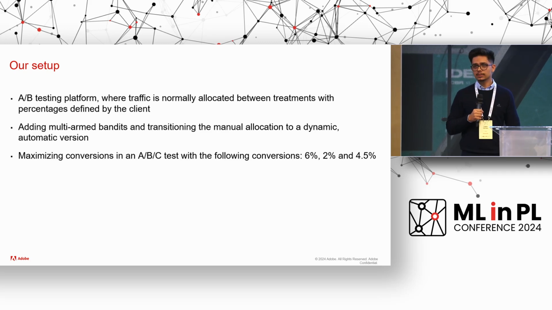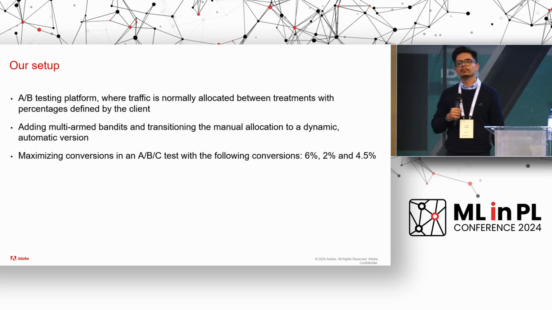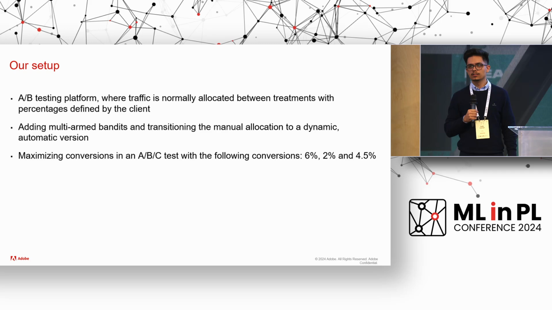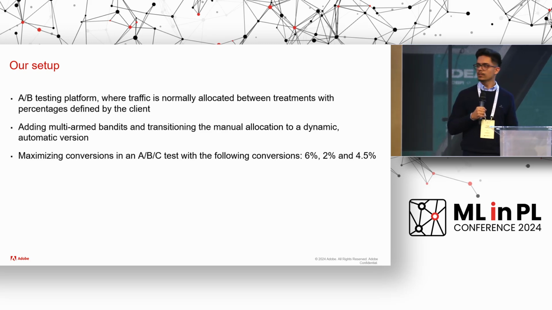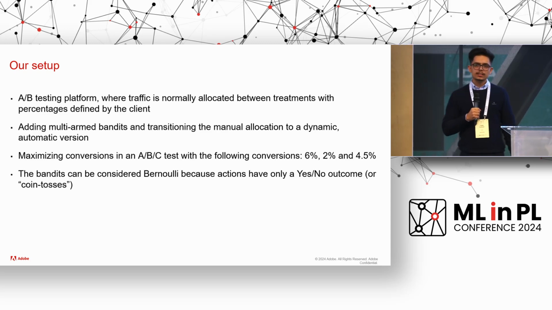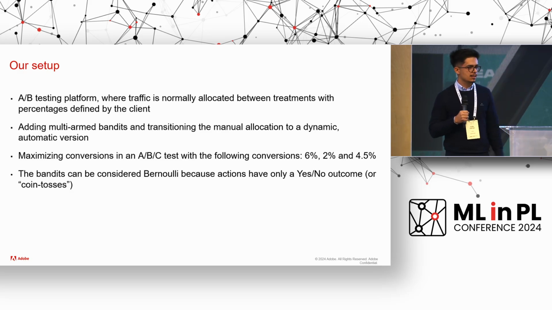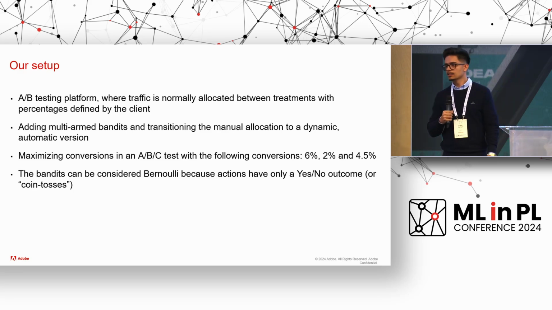For testing purposes, and the results I'll present a bit later, we had an ABC test with the conversion rates 6%, 2%, and 4.5%. In this case, the bandits can be considered Bernoulli because the actions are basically like coin tosses. So we wanted to maximize conversions, and in this case, conversions only have a yes or no outcome.